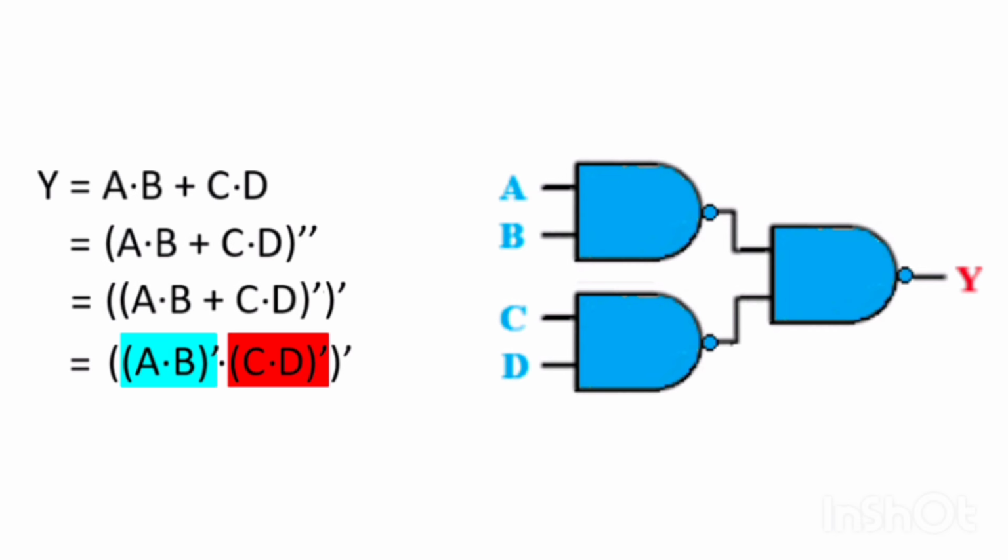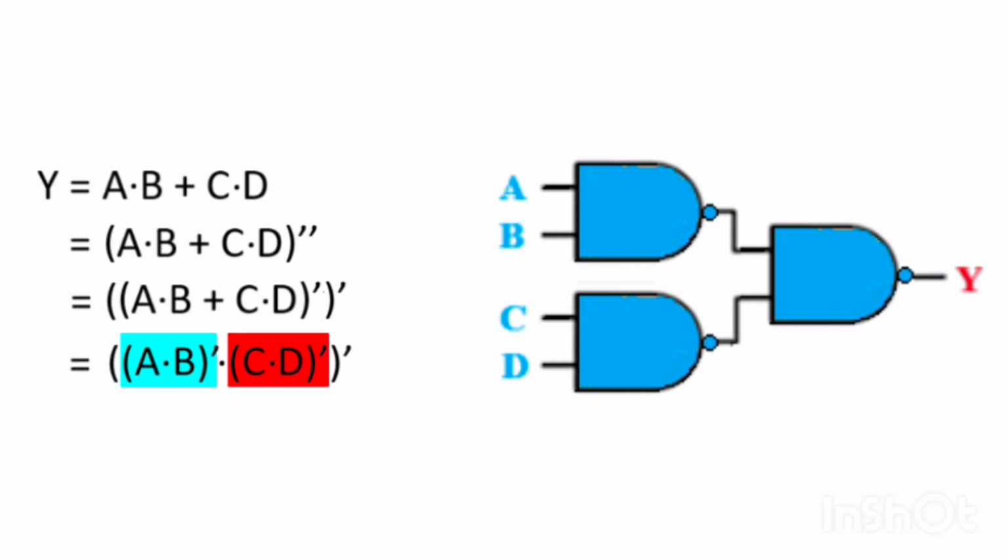Now let's consider we have two complements. The first complement we need to consider, and applying De Morgan's theorem, we can write the inner part, that is within bracket a and b or c and d, bracket closed, then complement. So we need to take that one alone.